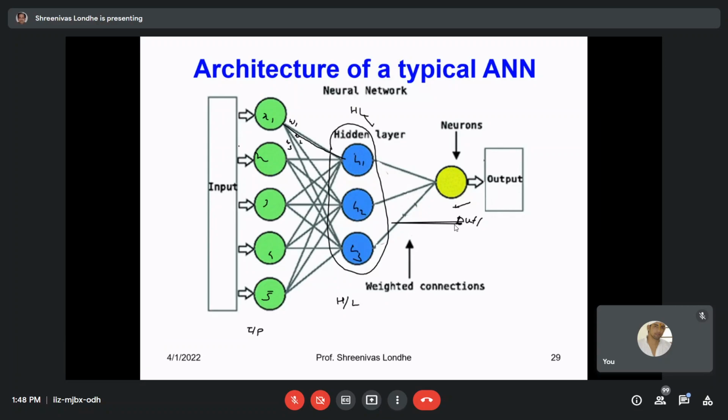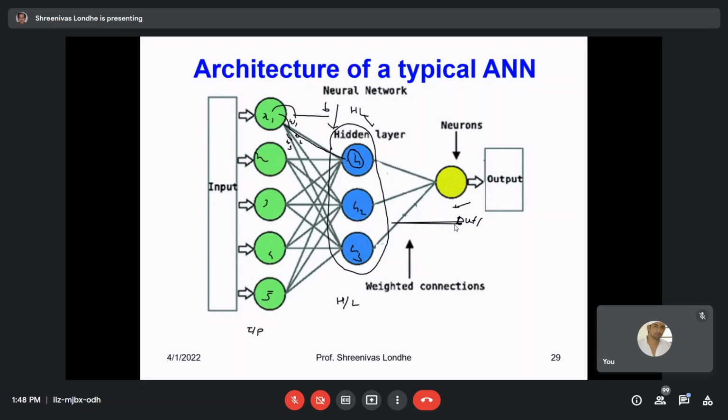So for summation, x1 w1, x2 w2, x3 w3, all the products of the inputs and the synaptic weights will be there, and the bias will be added here. This total summation will be given at this particular neuron.